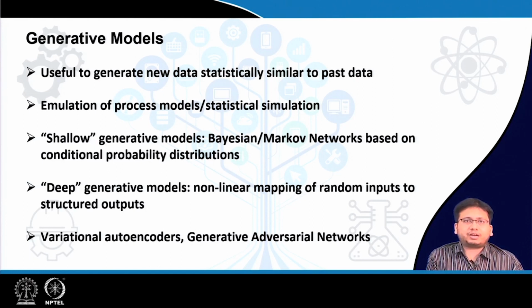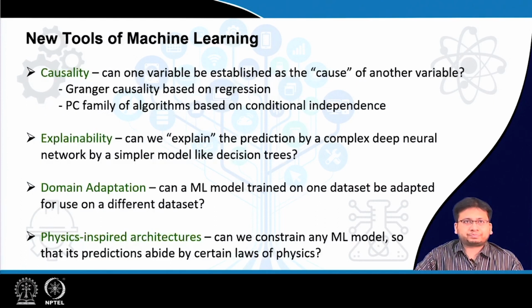So, deep generative models have a highly complex nonlinear structure to propagate the input uncertainties at multiple levels and finally reach the output variables. Variational autoencoders and generative adversarial networks are examples of generative models that are suitable for such simulation processes.